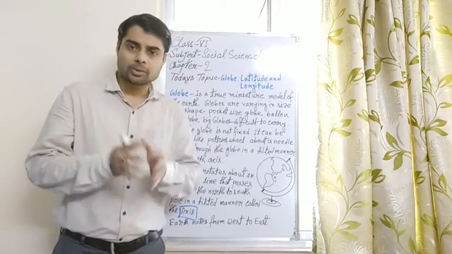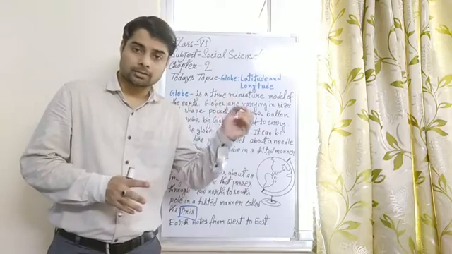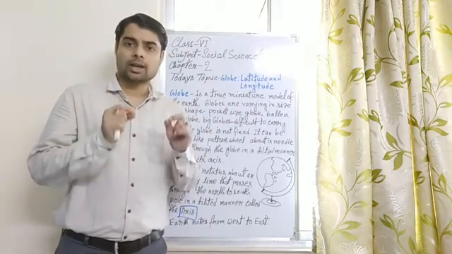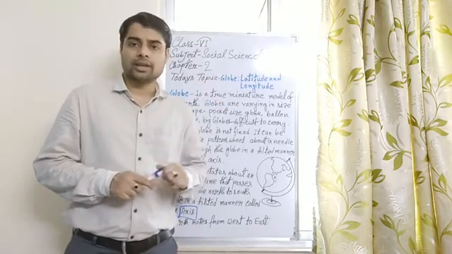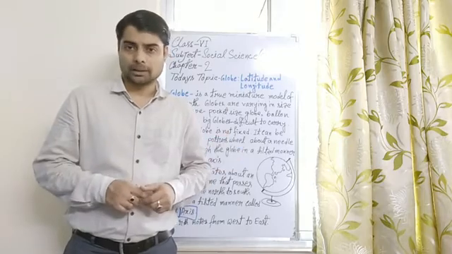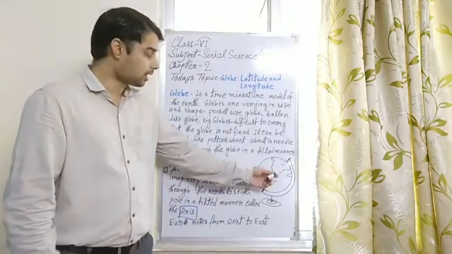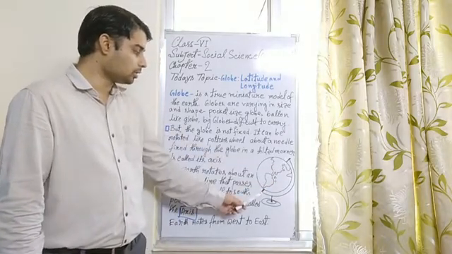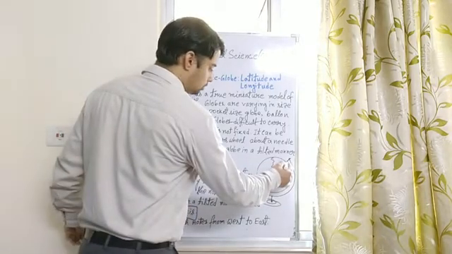And what is the difference between the globe and the earth? The globe rotates around the needle, but the earth rotates around an imaginary line, and that imaginary line is called the axis of the earth. From this picture you can easily understand how in the globe, an imaginary line passes through the globe from the North Pole to the South Pole.